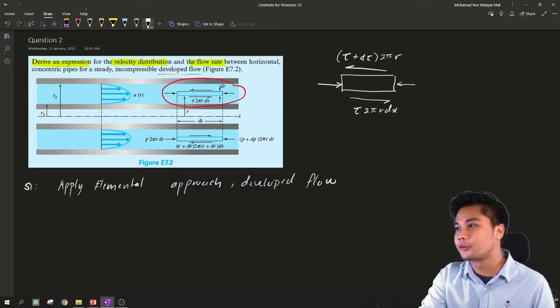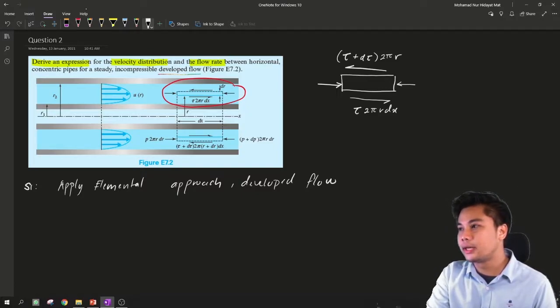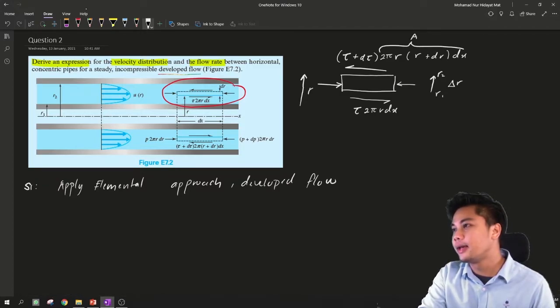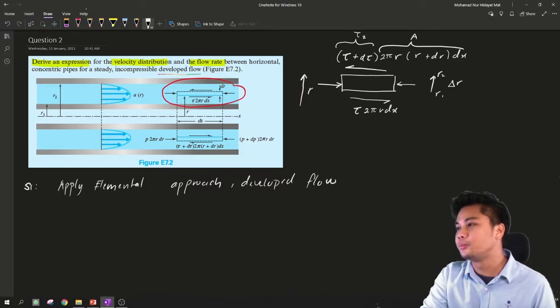Remember our radius starts from this one. This is radius 1, this is radius 2, so we have the change of radius. That's why it is 2 pi times r plus dr, multiplied with dx. This is the surface area, and this is tau number 2. This is tau number 1 multiplied with 2 pi r dx.